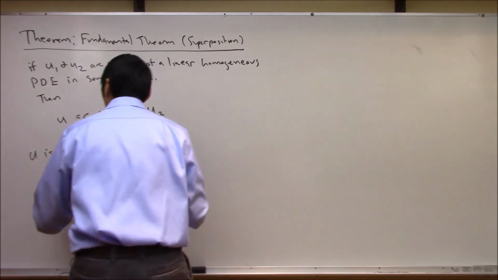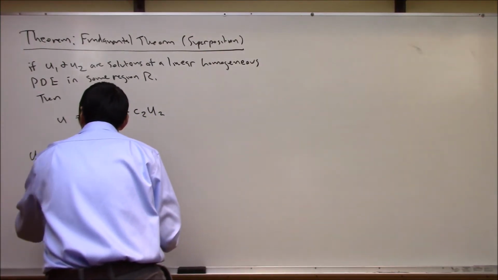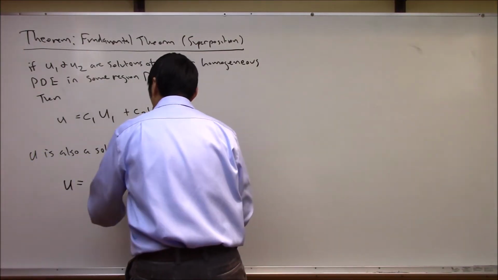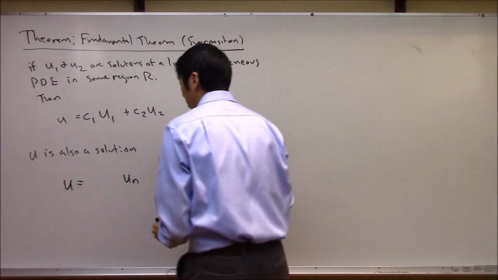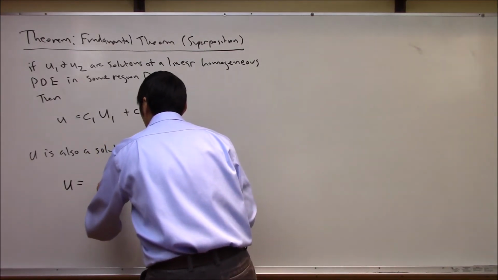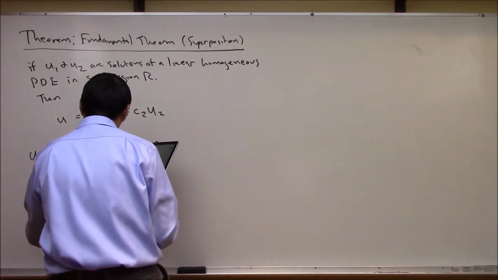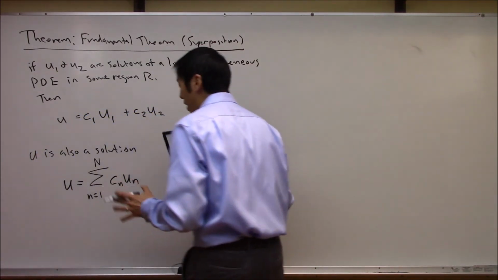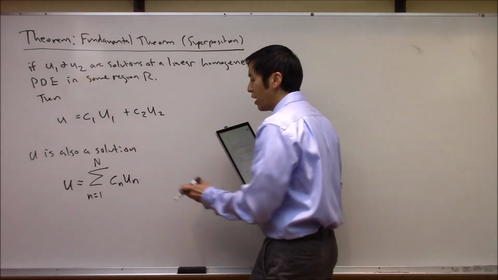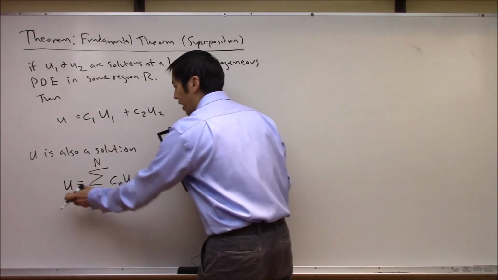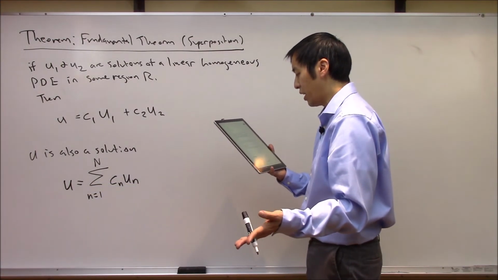So in other words, if I have U_n, and I tack on a coefficient C_n, and I sum this up from n equals 1 to, say, big N, so I have big N solutions to my PDE, I can just add them together to obtain yet another solution.